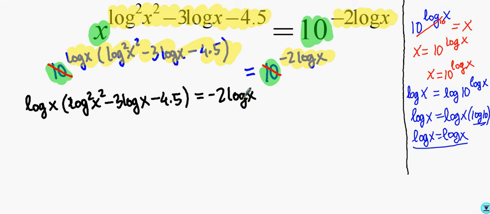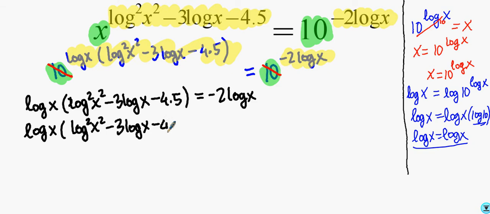I'm going to add 2 log x to both sides. So I'll do log x times (log x squared minus 3 log x minus 4.5), and then I'm going to add this plus 2 log x and set it all equal to 0.